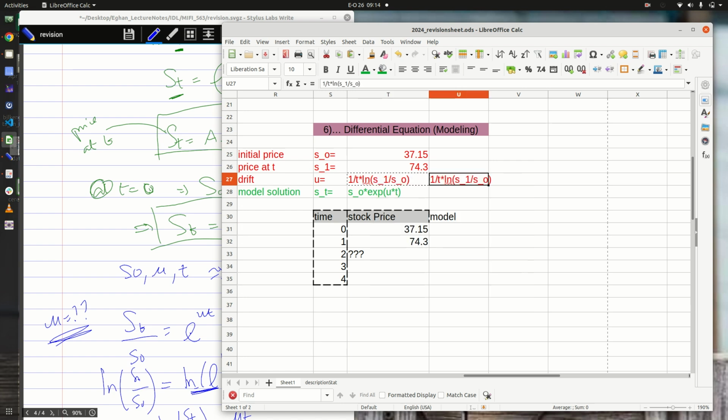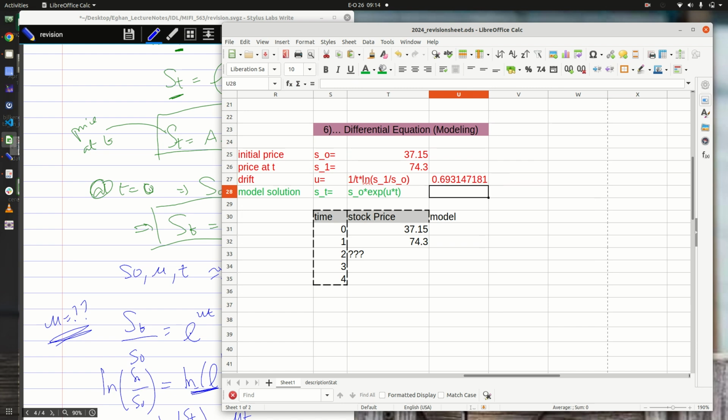In Excel, to evaluate something, use the equal sign. 1 on t, I'm using the time frame of daily, so t is equal to 1. ln s1. S1 is here. S naught, I just clean and then I select. If you don't select the right variables, you still get an answer, so you take your time, select x1, select s naught. So that is my mu.